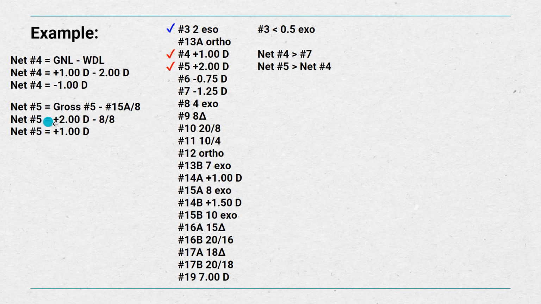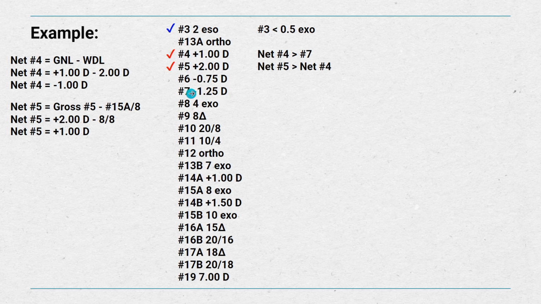So simply substitute 2 for the gross, and the 8 comes from the 15A. So 2 minus 1, so it becomes plus 1. This plus 1 net we compare to net number 4. So which is greater? Net number 5 is greater than net number 4. So that's why check high.